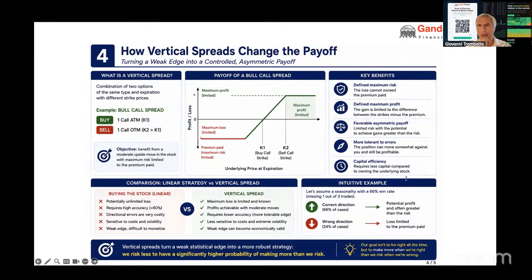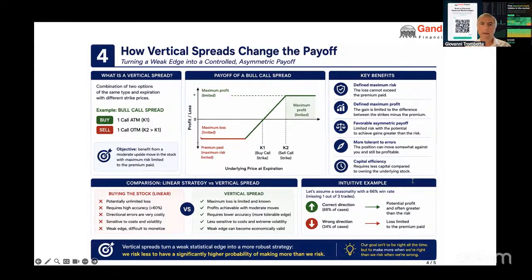Maybe we have a slide at the end on this topic, Fabio, if I remember well. What is a bull call spread? Buy one call option, for instance, near the current price, so at the money, and sell another call option at a higher strike. The result is a position with limited risk and predefined profit potential. This is very important, considering that maximum loss is known from the beginning.